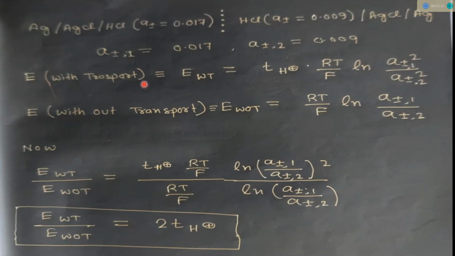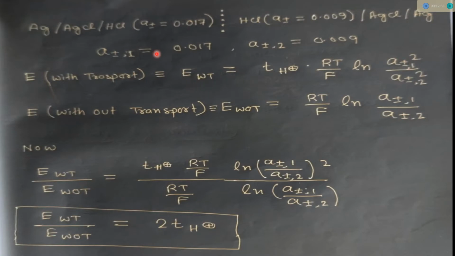The cell EMF with transport equals t_H+. In general, if we use KCl, NaCl or LiCl, the cation will be K+, Na+ or Li+. Since we are using HCl here, it will be t_H+, the transport number of H+, times RT by F ln (a± 1)² upon (a± 2)².